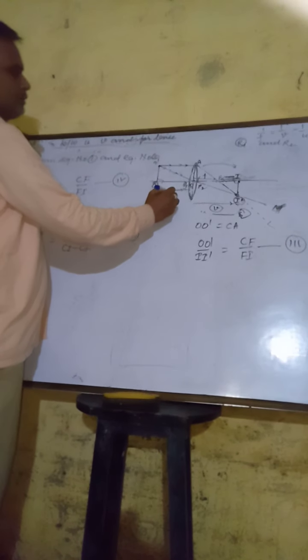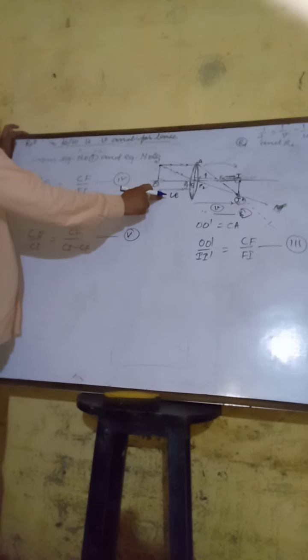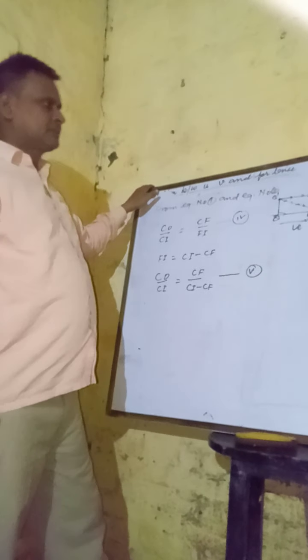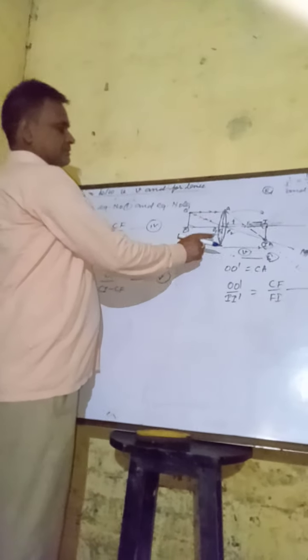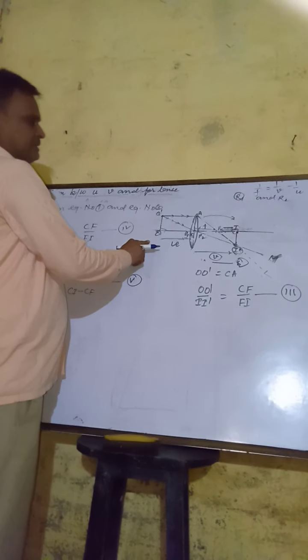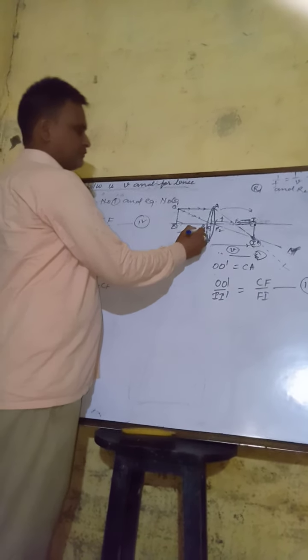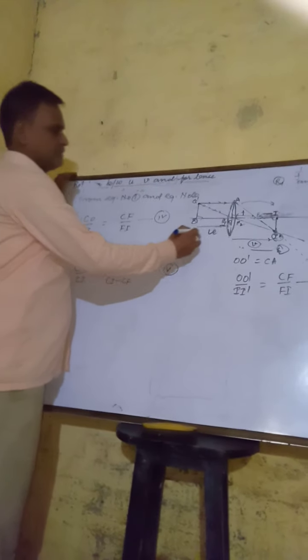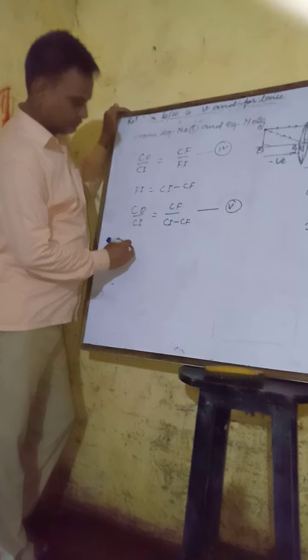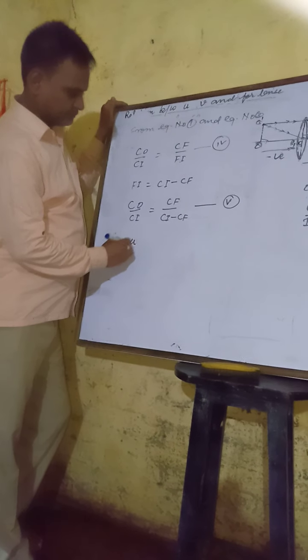You can see here CO is the distance of the object, and it is measured towards the left hand side of the lens, so its value is negative. Thus CO is equal to minus u.